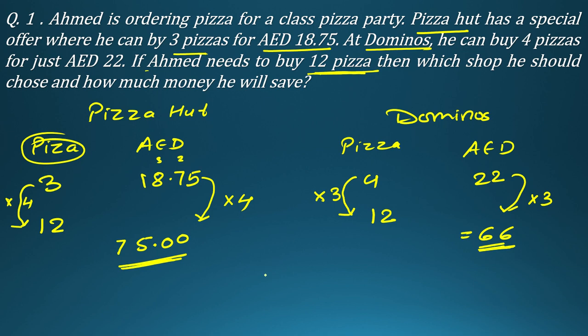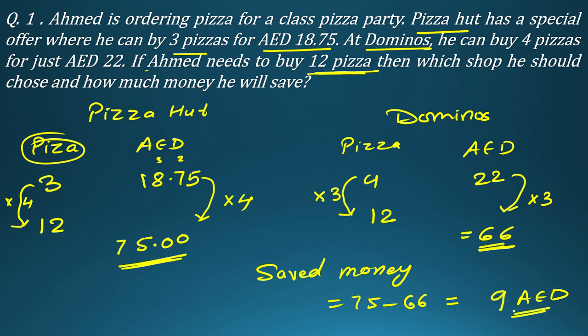How much money can we save? Saved money will be equal to 75 minus 66, which is 9 dirham only. So in this deal, if you go to Domino's, you can save 9 dirham.